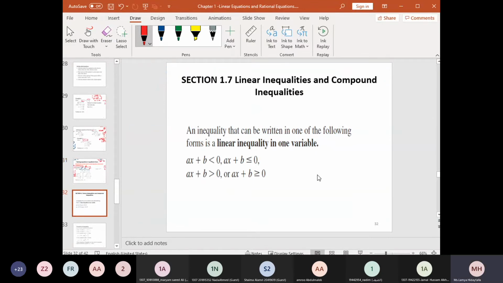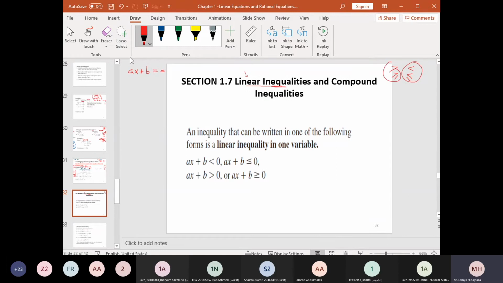Okay, now the linear inequalities. We want to talk about the linear inequalities. Okay, linear, which should be ax plus b, if it were an equation, equal to 0. Yes. Now inequality, that is we're going to use greater than or greater than or equal, less than or less than or equal. We are going to use this sign.